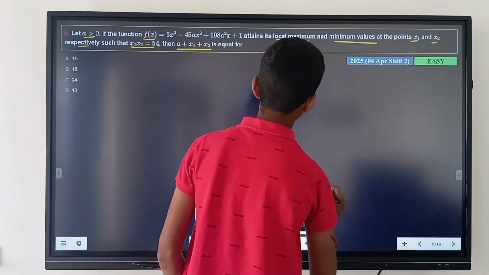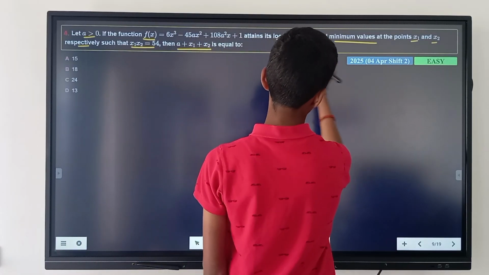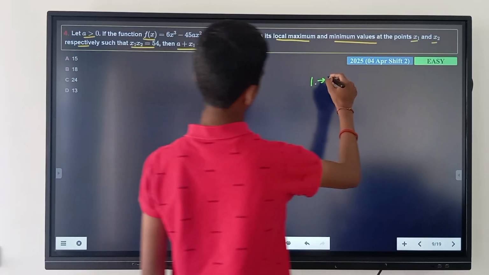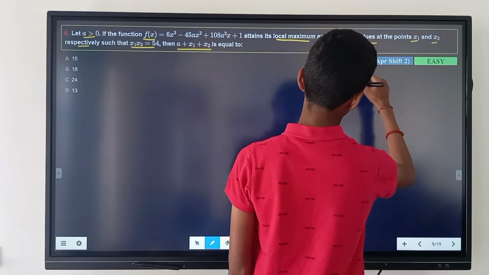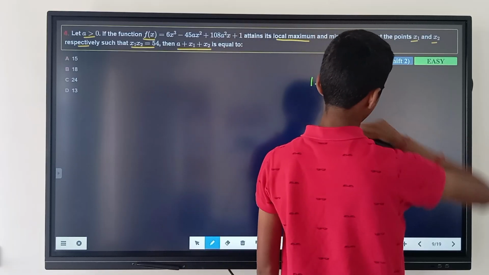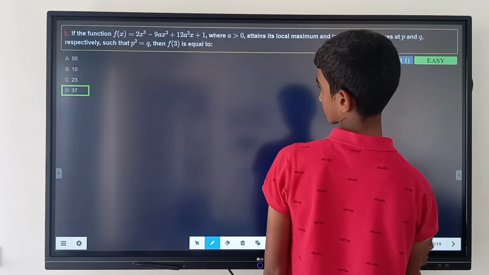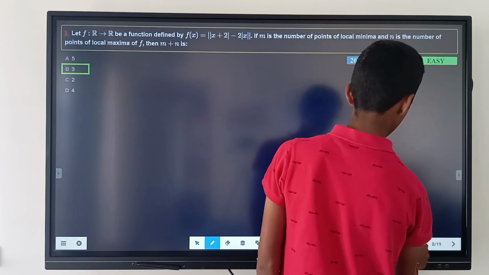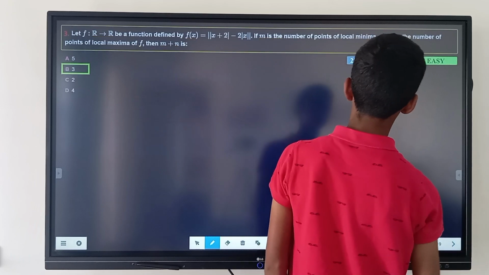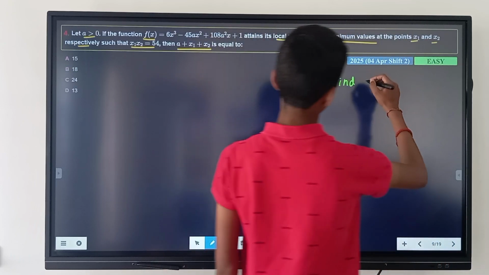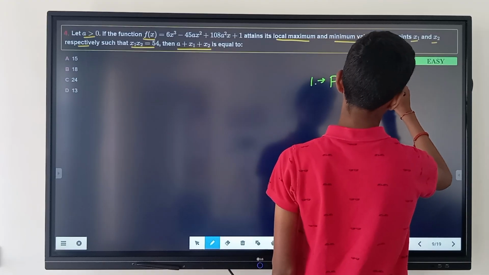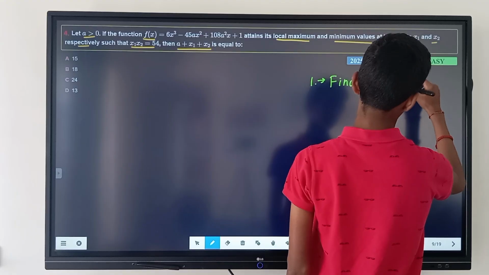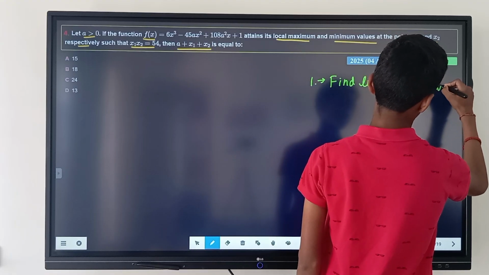So first let's write the steps. First step will be to find local maxima and local minima.